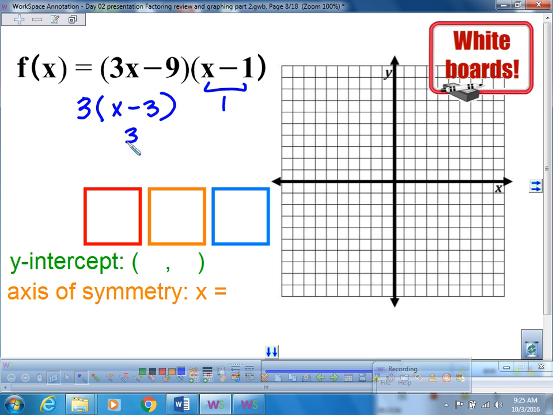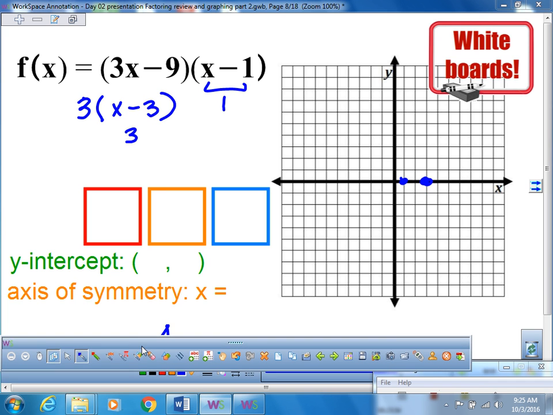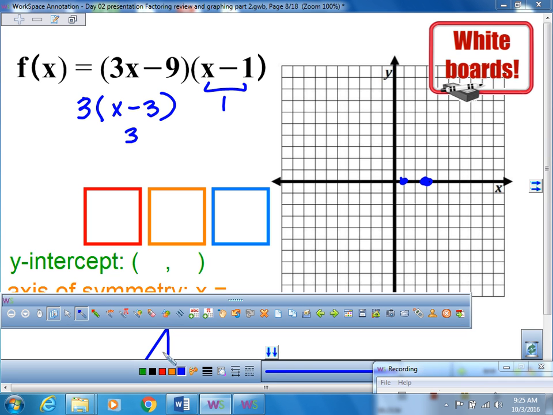All right, so without even doing any of the math on this, I know that I have a 0 at 1 and a 0 at 3. So I know my axis of symmetry would be 2. Because it's right in between.